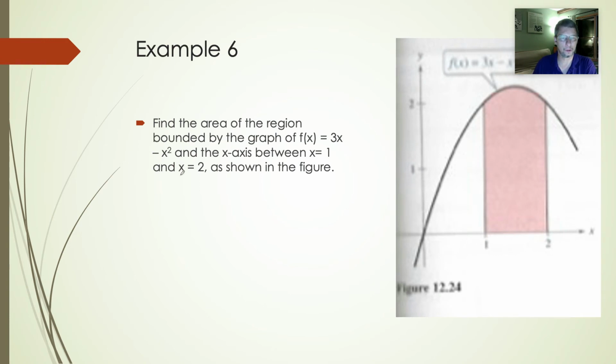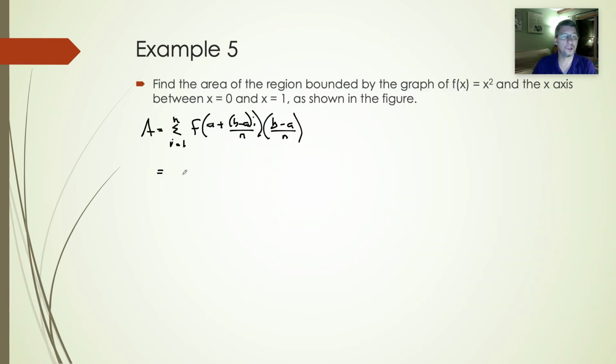So this is just going to be the summation, and f of a plus b minus a times i over n is going to be i squared over n squared, and b minus a over n is simply going to be 1 over n. And if I multiply these, it's just going to be the summation of i squared over n cubed.